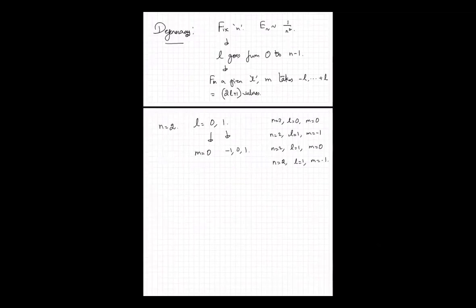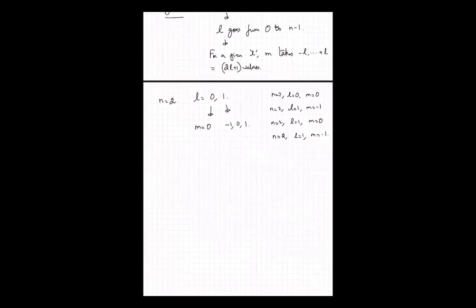Which means all these 4 states that each have different values of L and m all have the exact same energy En. This is an important property, and this is a reflection of the rotational symmetry of the problem. Well, not completely, but at least the degeneracy in m is due to the rotational invariance in the problem.